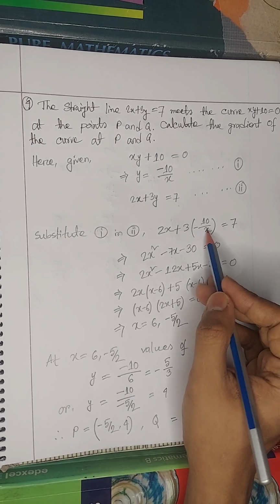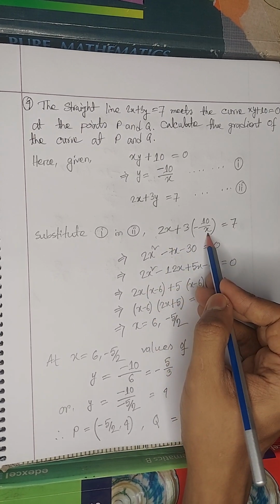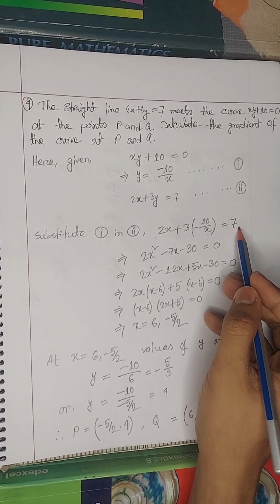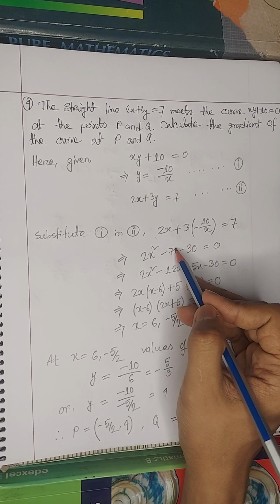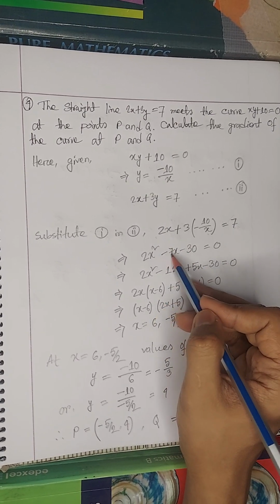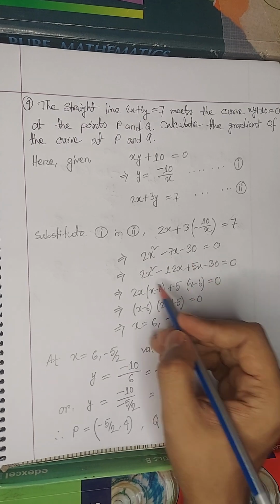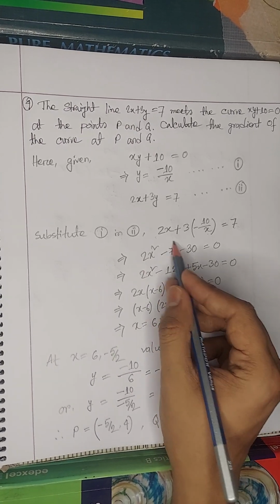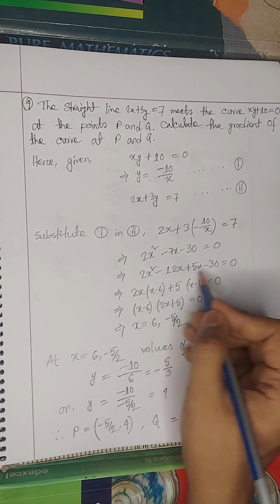And if we bring the 7x to the left hand side, we get minus 7x. Okay, now we apply the middle term. We have to break this term into two.